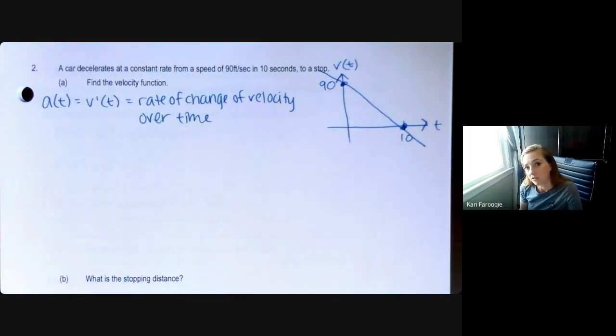But that's the situation. Now, what we need to do is find this slope, which is going to be pretty straightforward, so that we can write a function for the velocity, which is what we're being asked to do in part A. If I need to write a function, I need a point and slope. So I'm going to use the slope, and then we'll put this velocity function together.